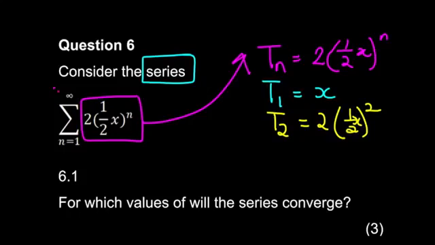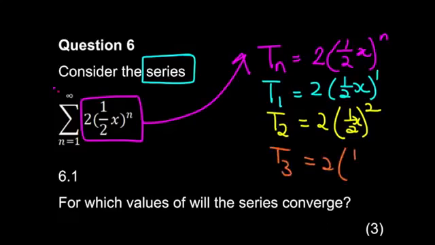I'm not even going to expand it, just so that you can see the pattern. Over here, I'm also not going to expand it, so that it's more visible what is actually happening. So this is a half x to the 1. And then T3 is 2 times a half x cubed.